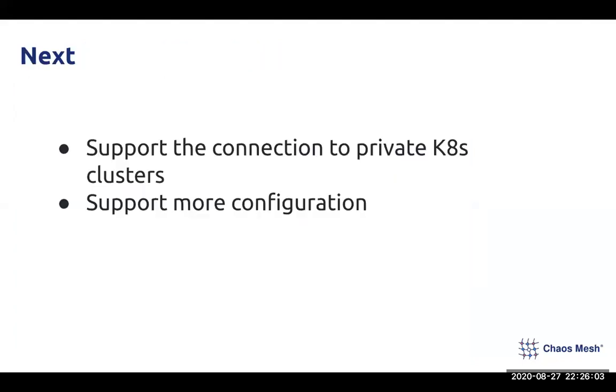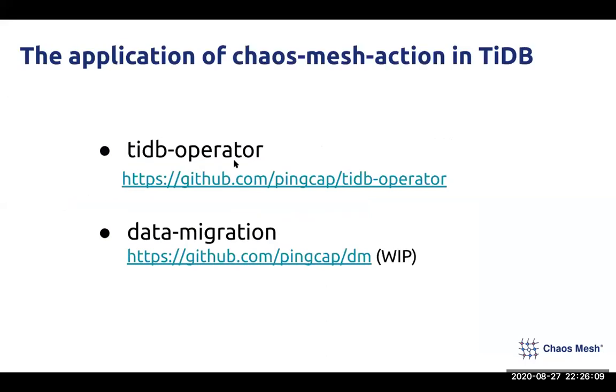So we have introduced the use of Chaosmeshaction through a simple example. Maybe you want to know which projects use Chaosmeshaction. As far as I know, at least 2 projects in our company use Chaosmeshaction. One is TiDB operator. Users can use it to deploy a TiDB cluster in Kubernetes.